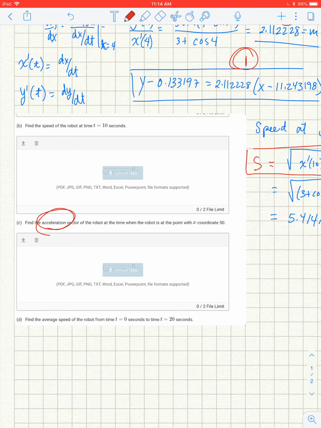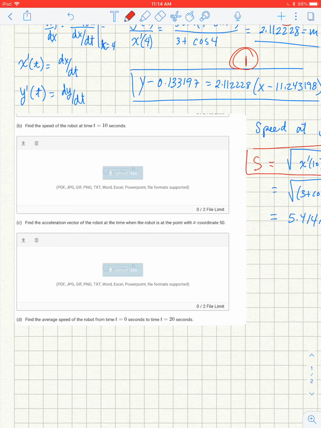Okay, now we're looking for acceleration. So acceleration, remember, that's your second derivative, d squared y over dx squared. Probably one of the more important parts here, and actually, no, you don't even have to do that because we're just looking for the acceleration vector.